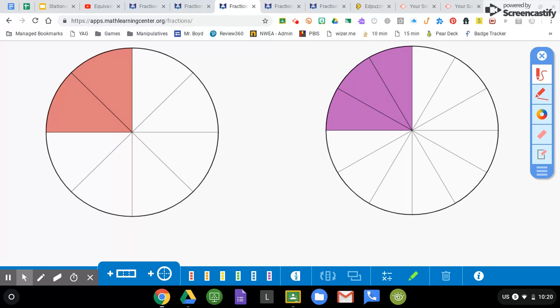Alright, now, what comparison statement could I make between these two fractions? Are they greater, less than, or equal to each other? Well, first of all, let's name the fractions. In red, I have 2 pieces shaded out of 1, 2, 3, 4, 5, 6, 7, 8 pieces. Therefore, I have 2/8.